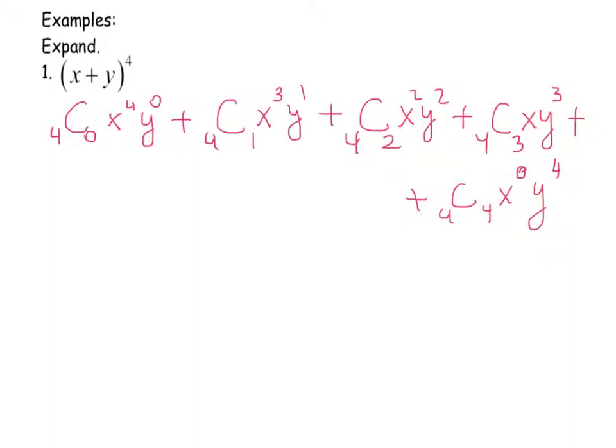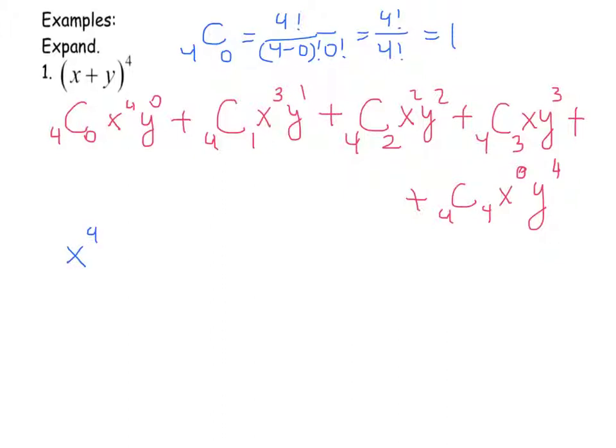So now I'm going to have to expand all my combinations. I'm going to start with c4, 0, which is 4 factorial divided by 4 minus 0 factorial times 0 factorial. And that is 4 factorial over 4 factorial, so the value is 1. So my first term is going to be 1 times x to the fourth power.